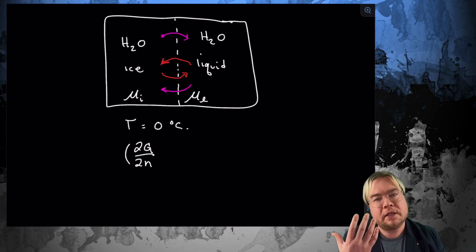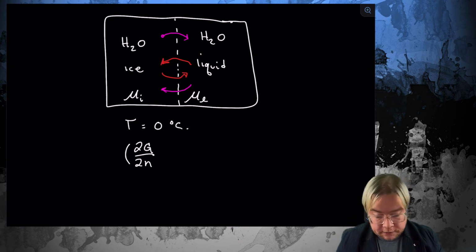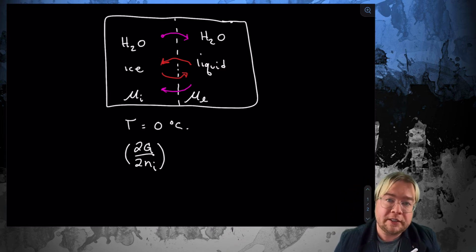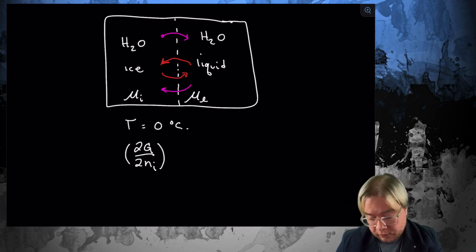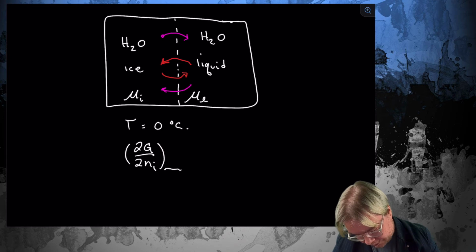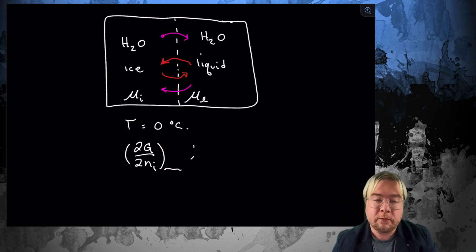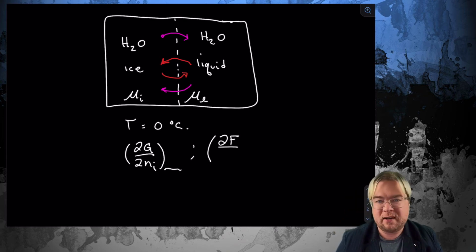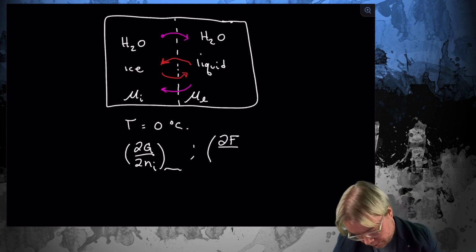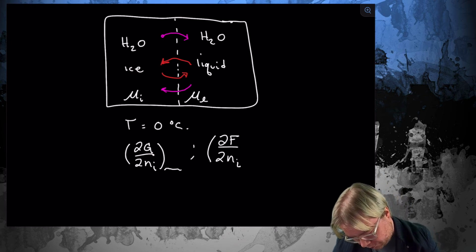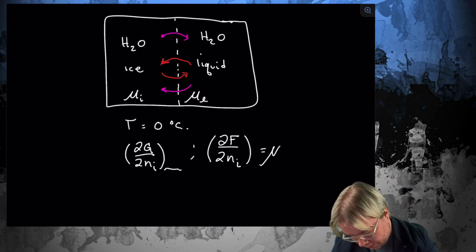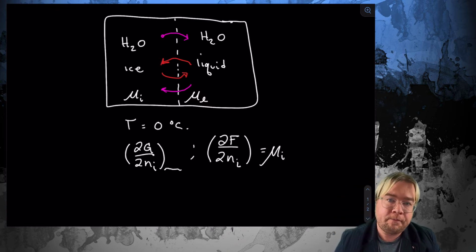So if I want to see what the chemical potential of the ice is, then that would be equal to the partial derivative of the free energy with respect to the number of ice particles, holding all this stuff constant. Or in the language that we use in this course, it would also be equal to the partial derivative of the Helmholtz free energy, again, constant volume type systems, with respect, for example, to the number of ice particles, holding all that stuff constant, and that would be equal to the chemical potential of the ice.